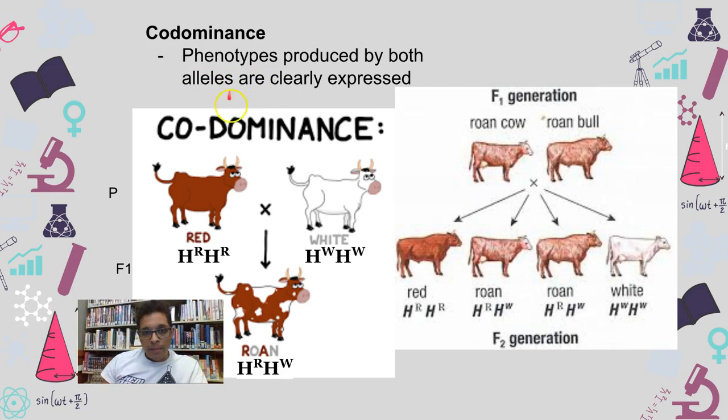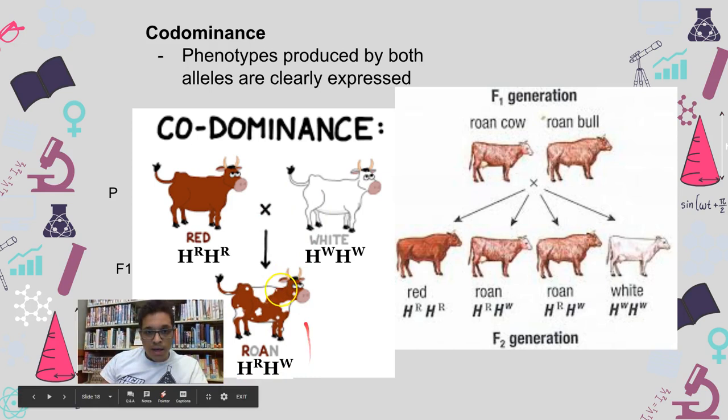Next we have codominance, and it's when the phenotypes produced by both alleles are clearly expressed. And so in codominance, you have your 2 different alleles. So if you are R, you're red, so you have your H, and then the R, similar to the incomplete dominance, and then you have your H and your W and your white. But what's different here is that both the white and the red are being shown in this cow.